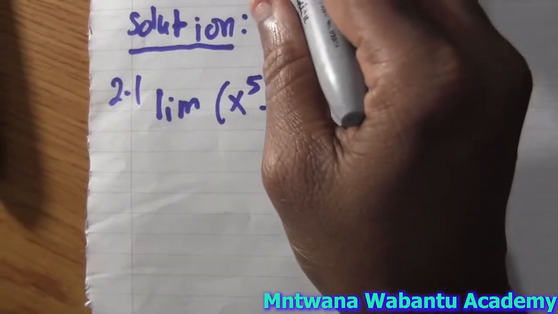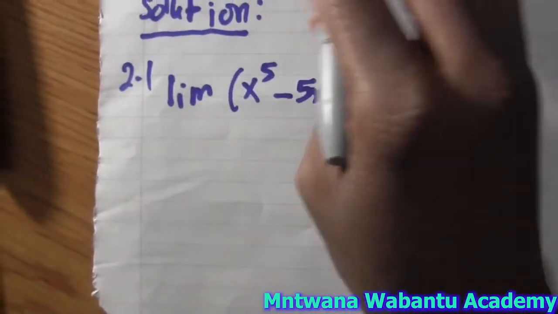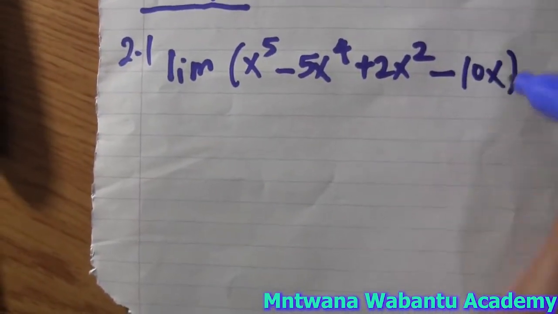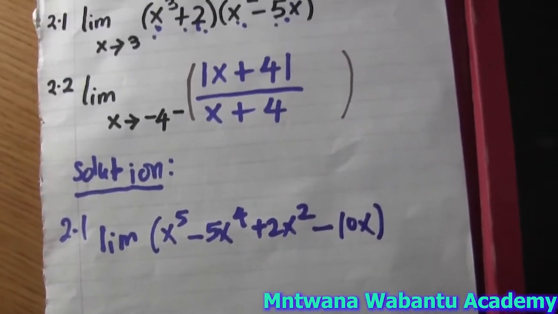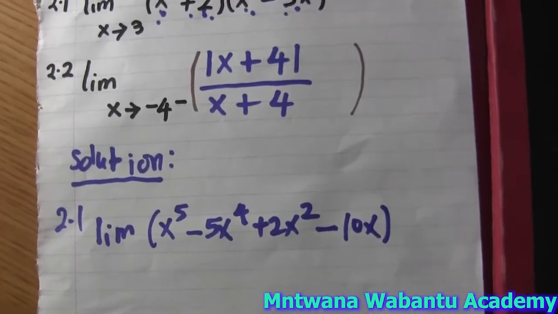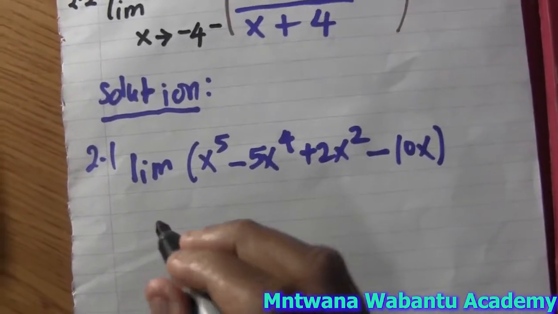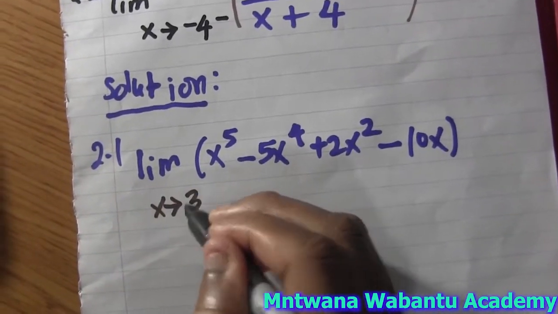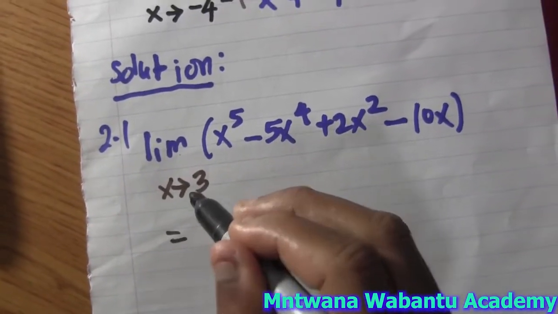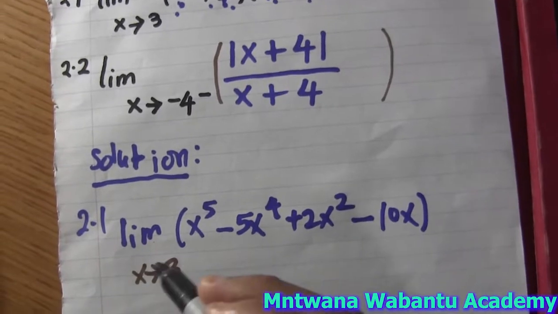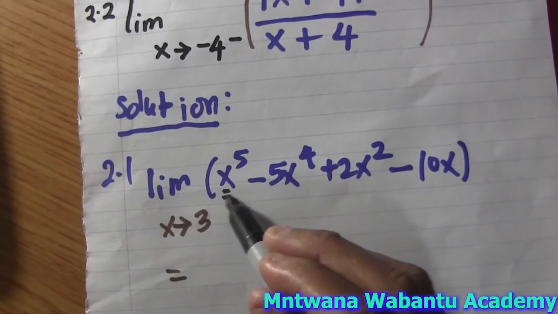Now let's go for the last one. Plus and minus, and then 2 times 5 is going to be 10x. So what we can do right now is substitute the limit in. Okay, let's plug the limit in. So now we still have our limit x approaches 3. The moment you substitute the limit, don't write the limit anymore. When you say limit, it means put this number in the position of x.